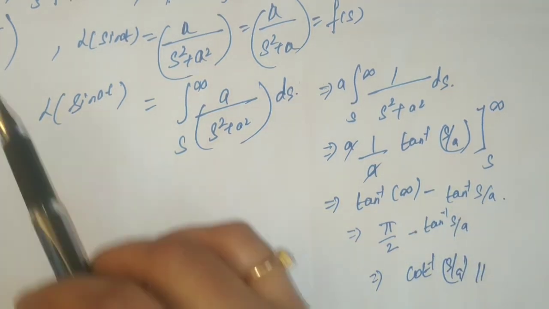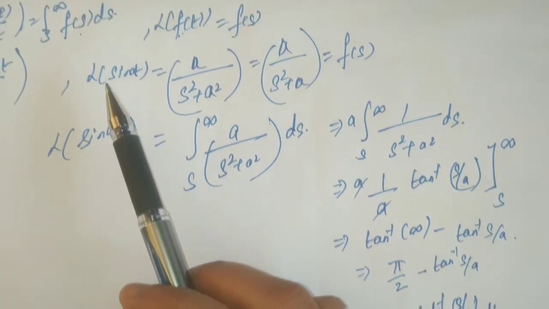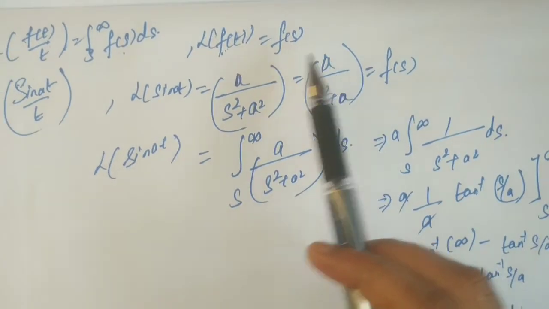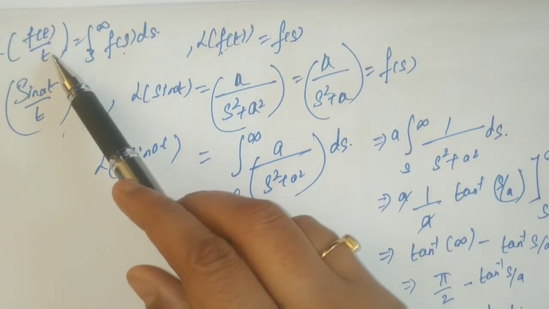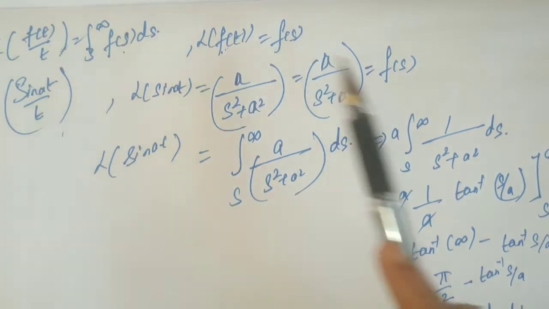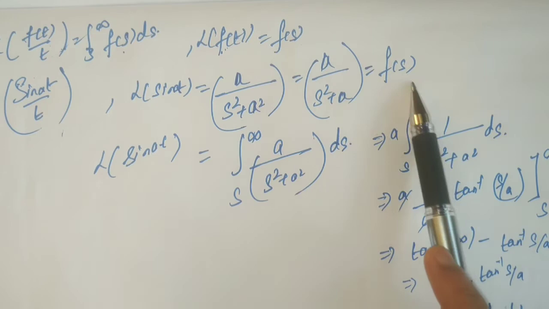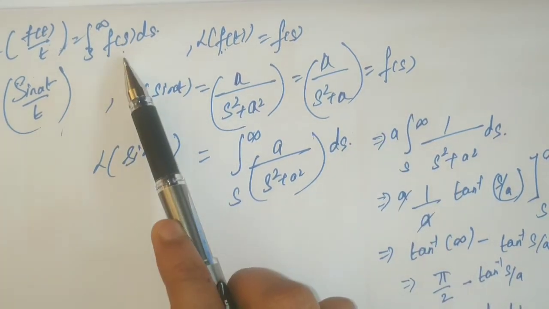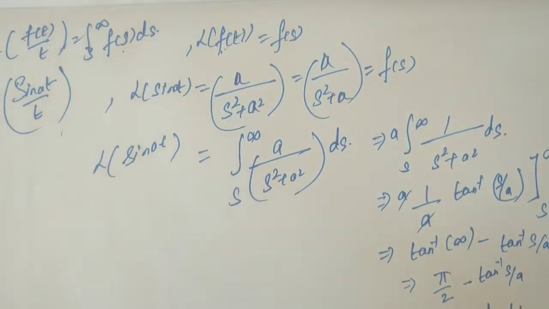So whenever you have a function of the type f of t by t, numerator by denominator, take Laplace transform for the function, find f of s. Once you know f of s, you can integrate for the limit s to infinity.